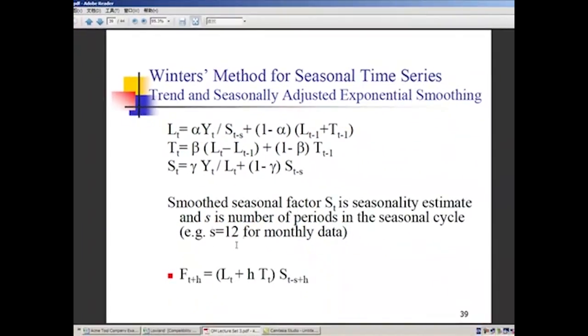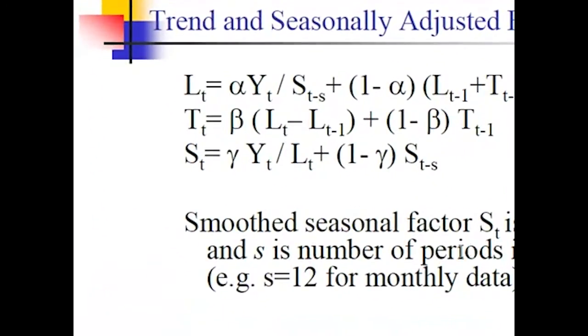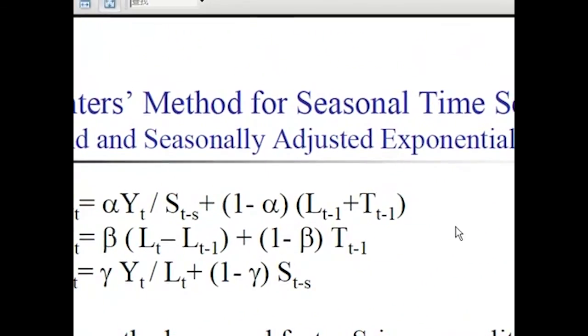Normally in business time series data, we will see monthly sales values or quarterly sales values. So most commonly we will see S equals 4 or S equals 12. But of course, if we analyze weekly sales values, like say for McDonald's retail store sales, then we will see weekly data.